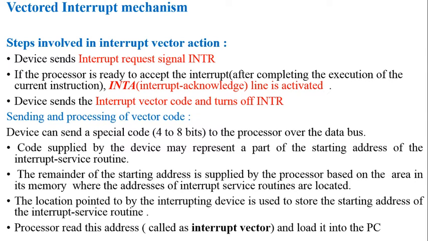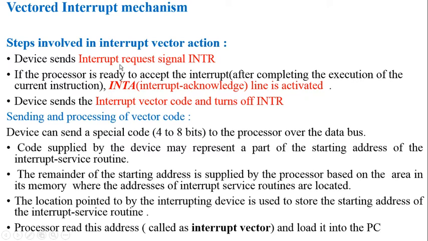If the processor is ready to accept the interrupt request, after completing the current instruction of the program which is going to be interrupted, it generates an interrupt acknowledgement signal by activating the interrupt acknowledgement line. Then the device sends the interrupt vector code and turns off the interrupt request.